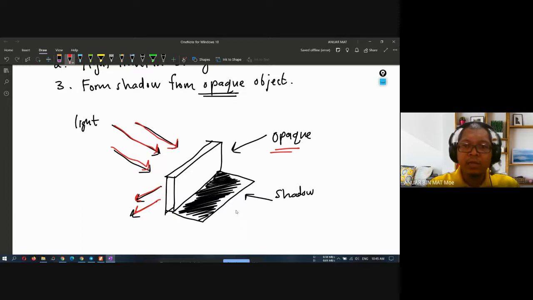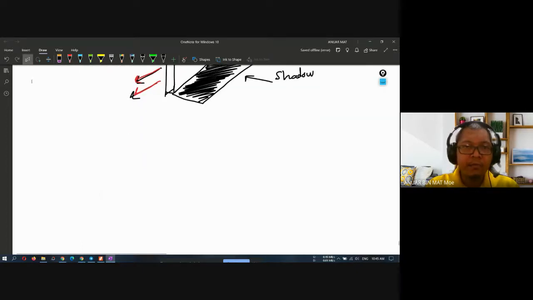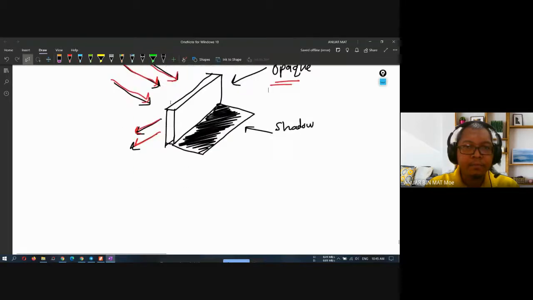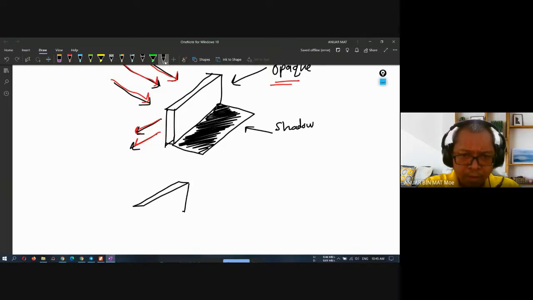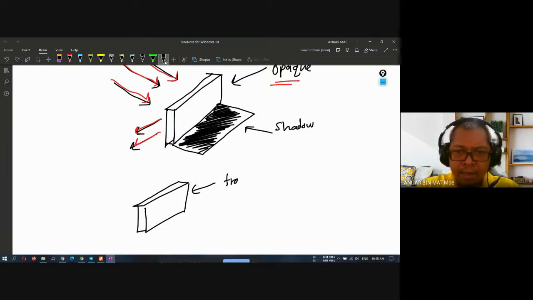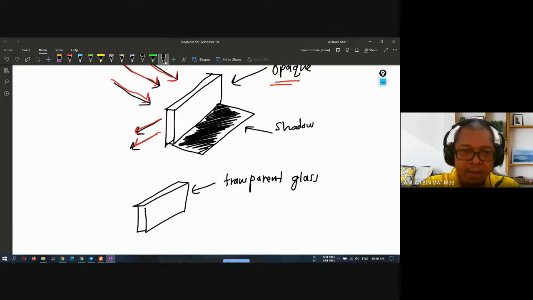Okay, so if the object is transparent, what happened? For example, I just draw another block of transparent object. Maybe this is made from transparent glass. Not opaque, transparent.